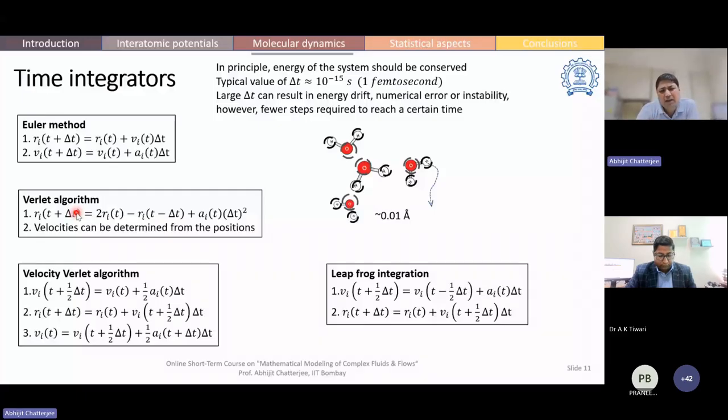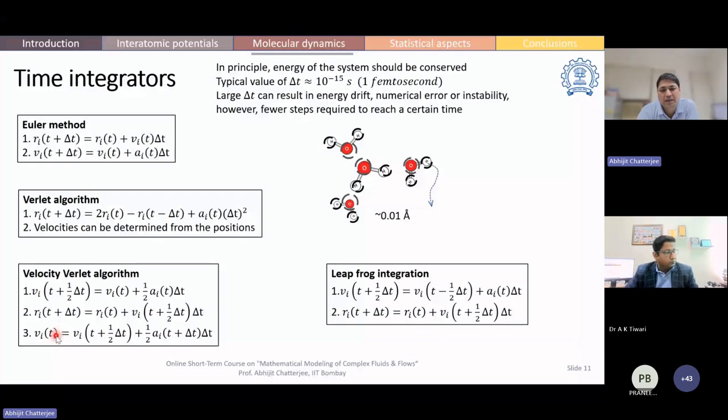And there are other algorithms like the velocity Verlet algorithm, where the time step taken is a half time step of delta t. So the velocity can be propagated by a half time step, and the positions can then be propagated by a full time step, and finally you bring the velocity to the time t, and that gives you the final position.